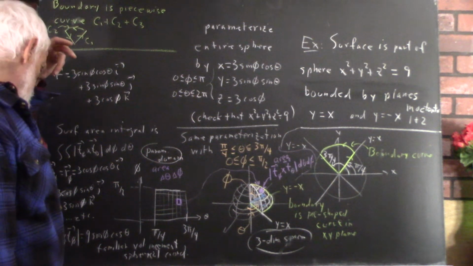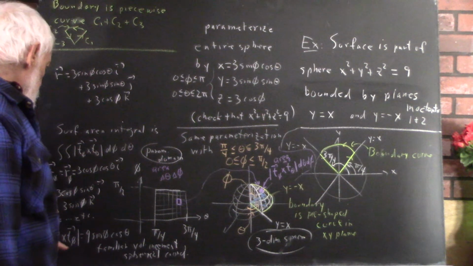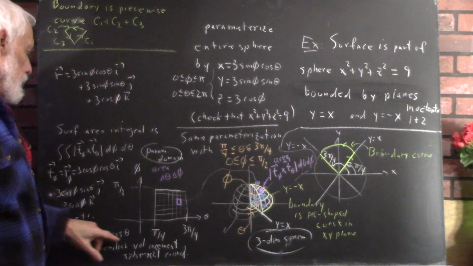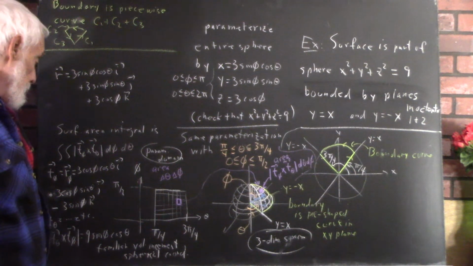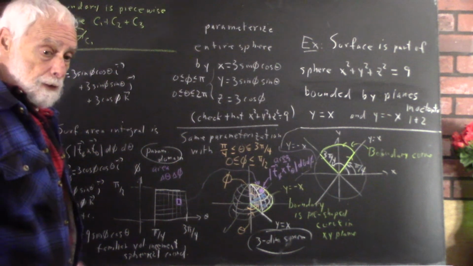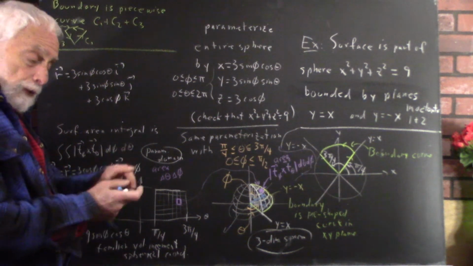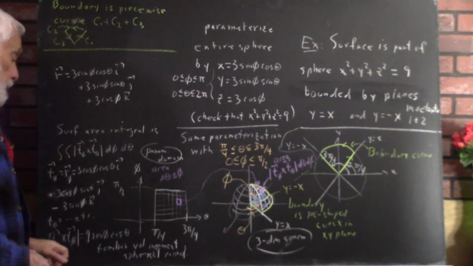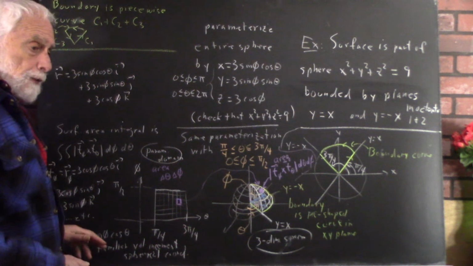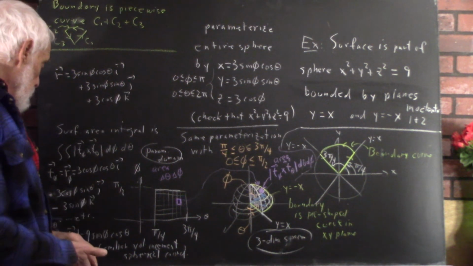If you then do your T phi cross T theta, you're going to get 9 sine phi. This is your familiar volume increment from spherical coordinates. That was worked out more geometrically with the spherical coordinates, but in terms of your T phi and T theta, you see that this parameterization gives you the same thing you would get for rho squared sine phi.